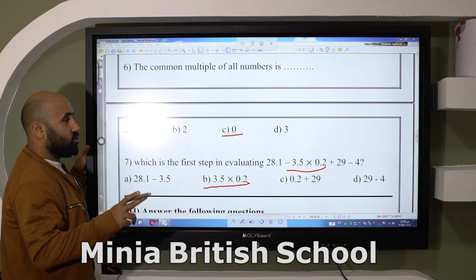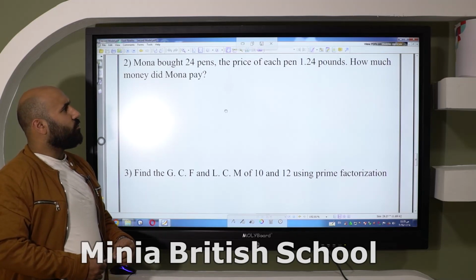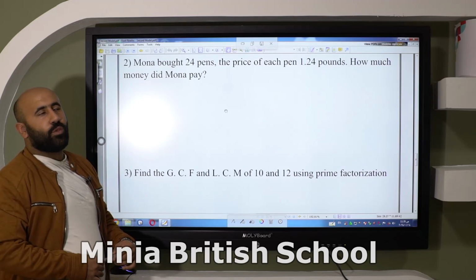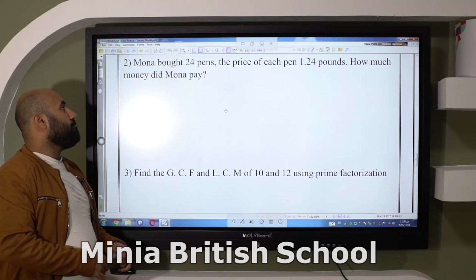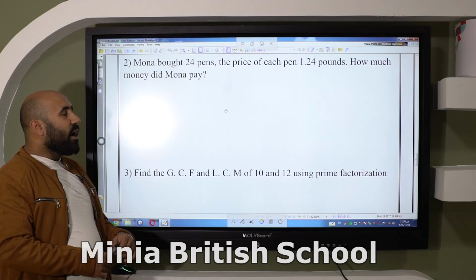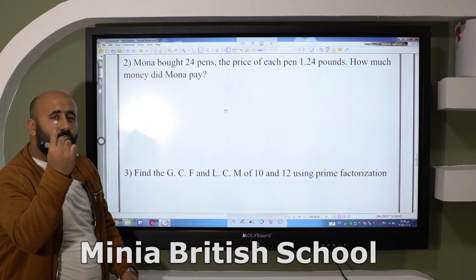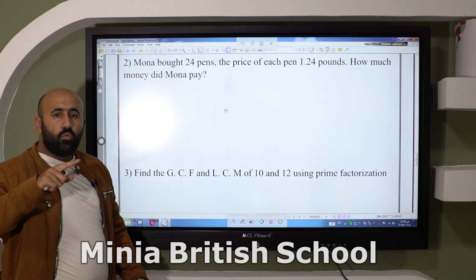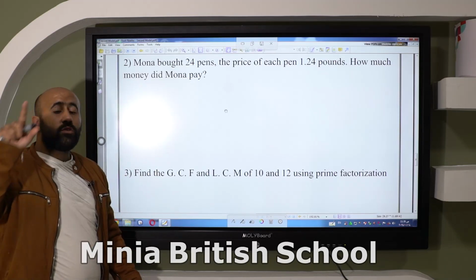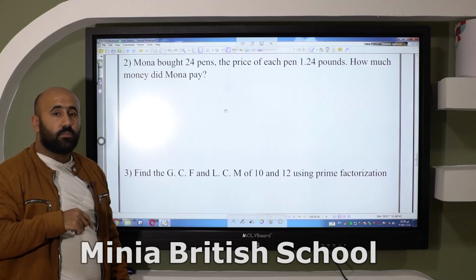Answer the following question. Mona bought 24 pens. The price of each pen is 1.24 pounds. How much money did Mona pay? I have the price of each pen. One pen is 1.24 pounds, and I want to find the total price of the 24 pens.